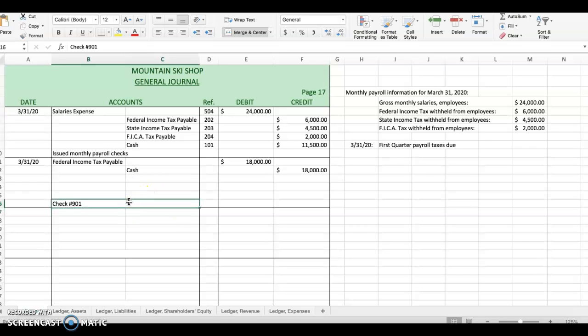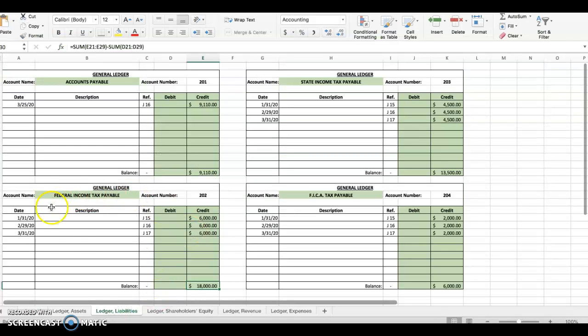So let's post this. This goes, as the journal says, to this account debited. So we go to federal income tax payable, the date, and it is J17, journal page 17, and it was debited, right, from the journal, 18,000. So we debit here, and if we did it right, we should now owe 0 because we just paid this liability account.